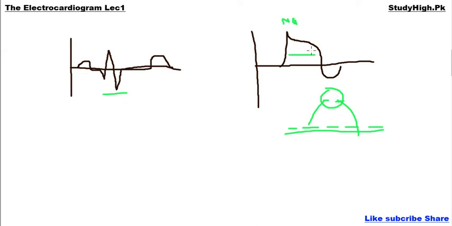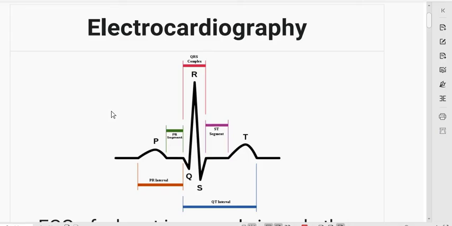When there is equal potential, it will be a zero potential shown by our voltage meters or leads. First, I want to show you the normal electrocardiography. Then I will draw and tell you the normal values and how you can draw the normal electrocardiography.